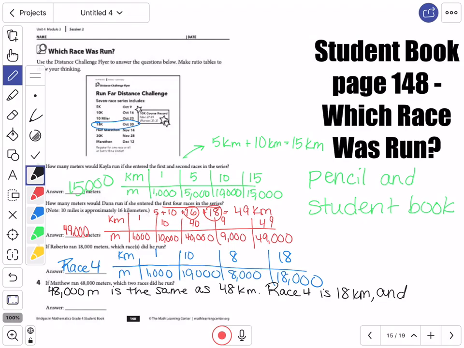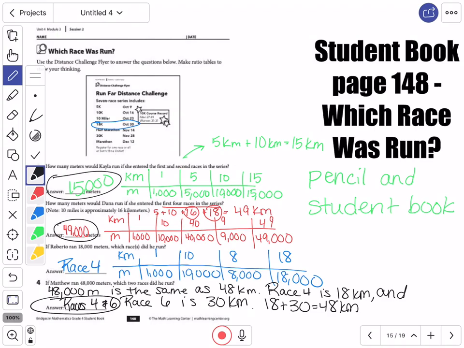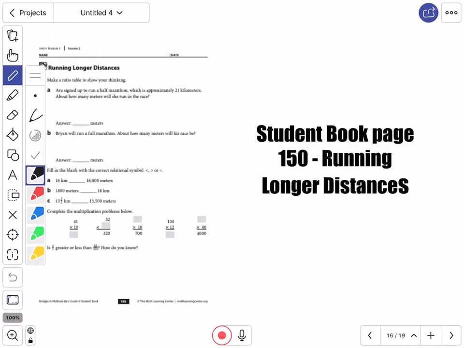So race 4 is 18 kilometers and race 6 is 30 kilometers, and 18 plus 30 equals 48 kilometers. So he ran races 4 and 6. So here are our answers: 15,000, 49,000, race 4, and races 4 and 6 for page 148.